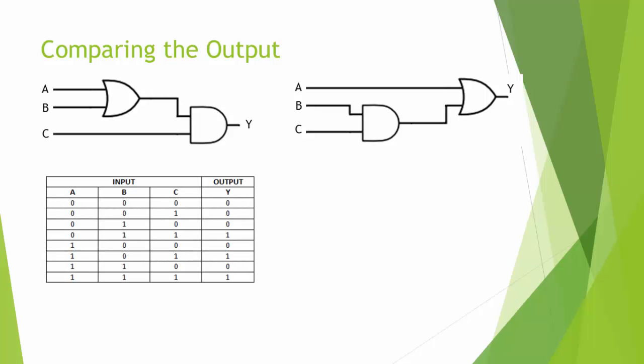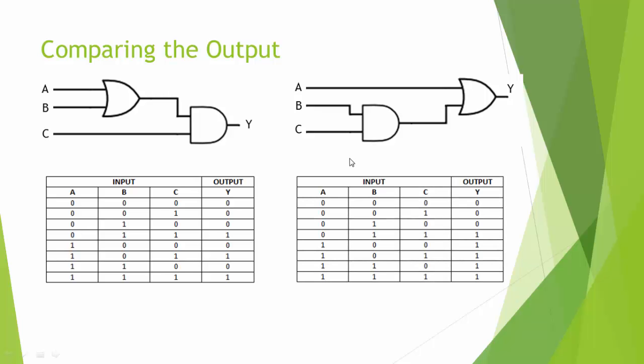So here's our truth table for the circuit on the left. And using a series of tricks we're going to learn, we can see that the output for the first three cases is 0. And after that, it alternates 1, 0, 1, 0, 1. Now, if we set up the other circuit and we do the experiments to set the inputs and measure the outputs, we get a slightly different result.